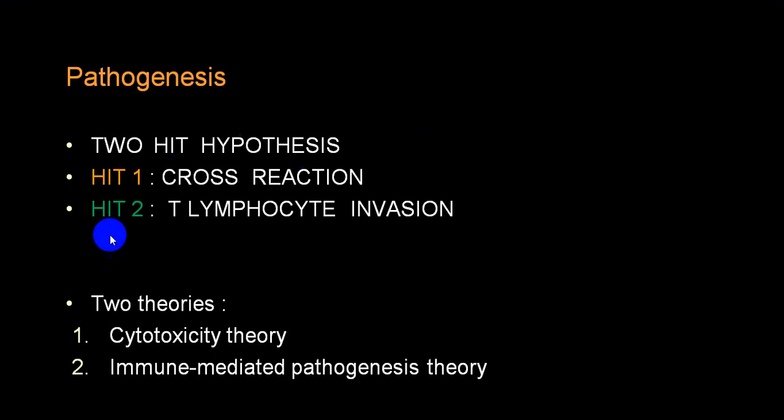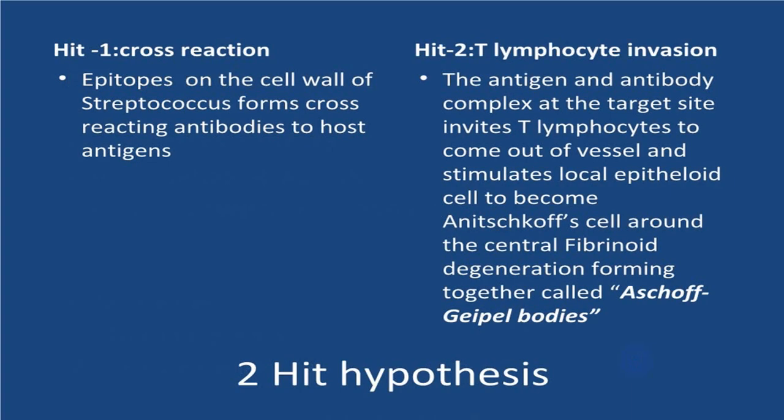One is called cross reaction, the HIT1 hypothesis, and there is T lymphocyte invasion, called the HIT2 hypothesis. There are two other theories: the cytotoxic theory and immune mediated pathogenesis. Irrespective of what you consider, there are cross reactions and there is T lymphocyte invasion, and this is called the 2-hit hypothesis.